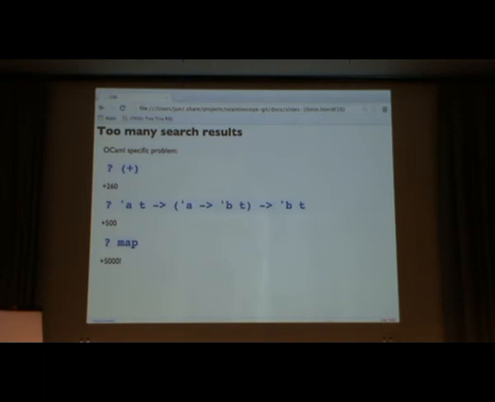So another glitch is too many search results. OCaml has a bit strange behavior and characteristics. If I search plus, then it returns 260 results. If I give type of bind, it returns 500 results. And for map, 5,000.